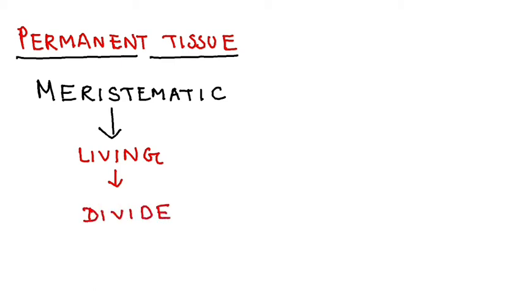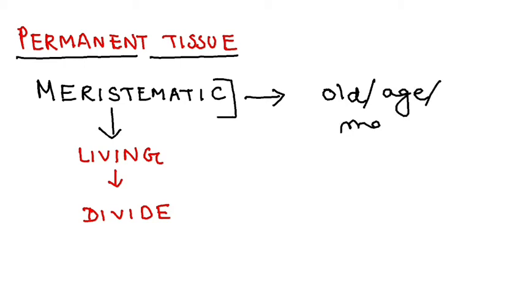Dividing tissues, alright. Now all these meristematic tissues divide, they grow, and at one stage they become old or aged or they become mature. Same thing only, right?